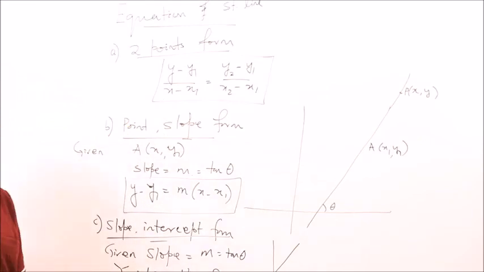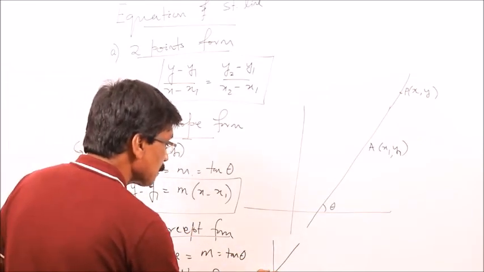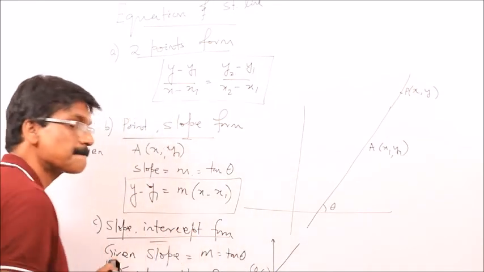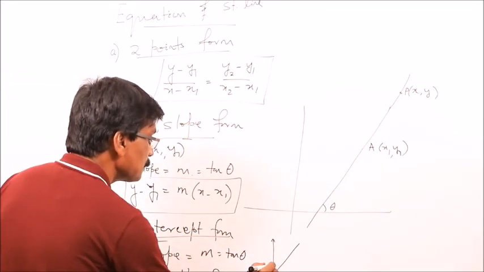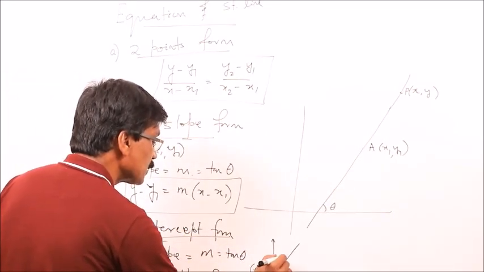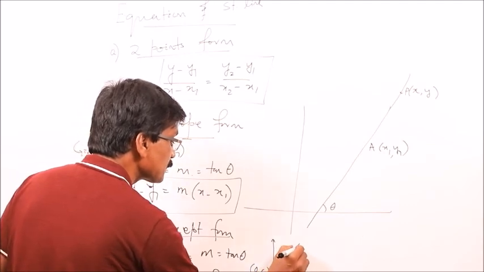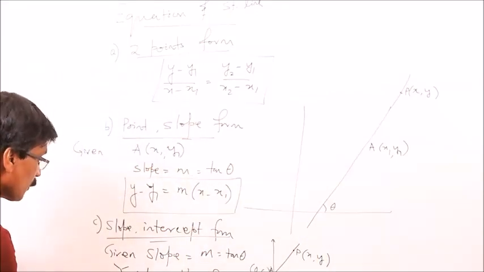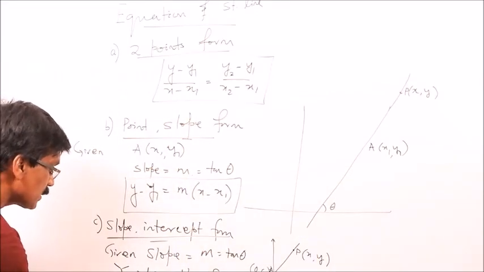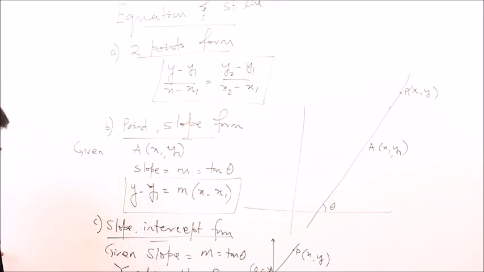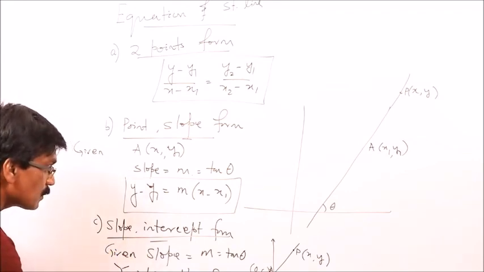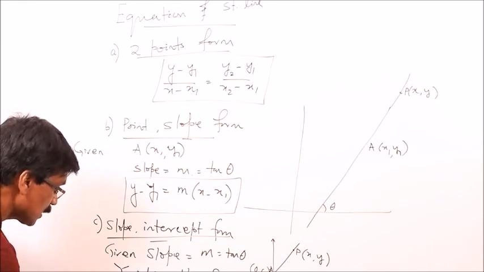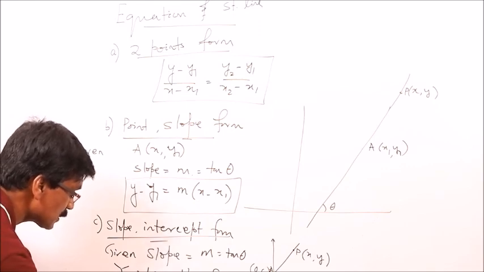So to find equation of line, say any point on y axis is 0 c. A point. Suppose P is any point on the line x y. So slope of AP is equal to m. So this implies m is equal to y minus c by x minus 0. So this implies mx is equal to y minus c.